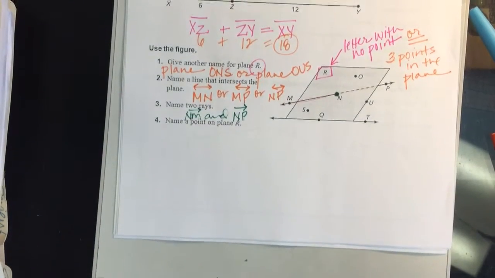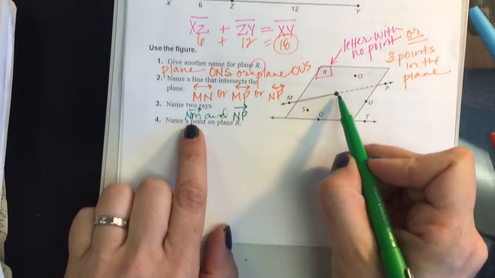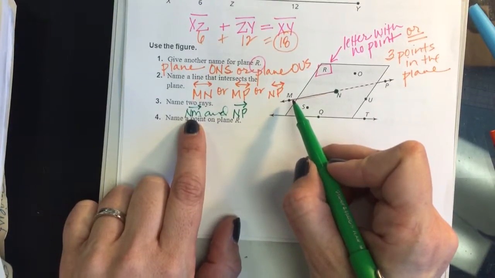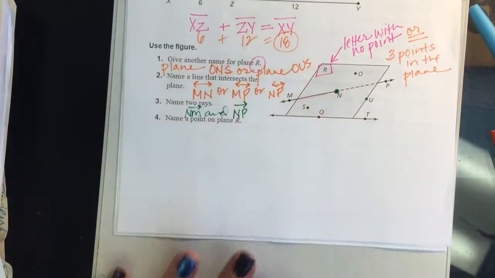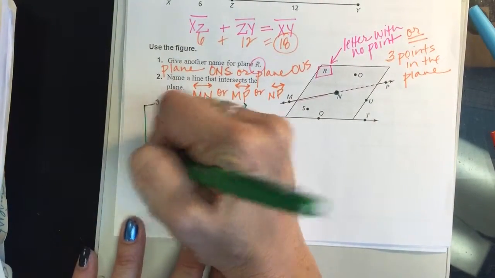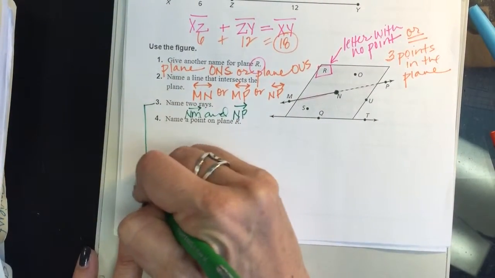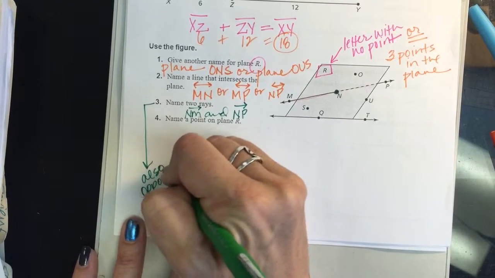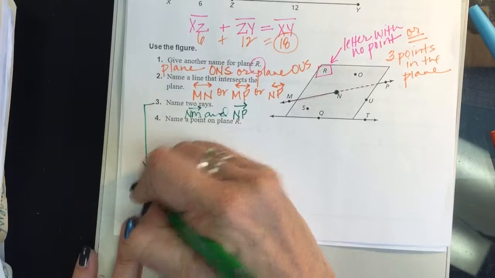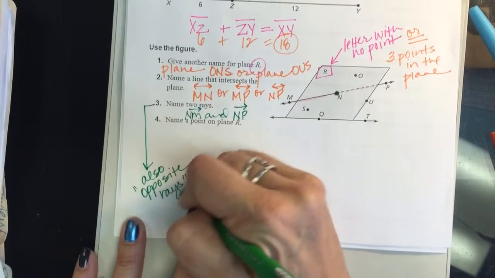Nope, you have to go in the correct direction, and the endpoint has to come first, even if it is going to the left. And those guys are also opposite rays because they share an endpoint. So those are 2 rays, but they're also considered opposite rays as they share an endpoint.